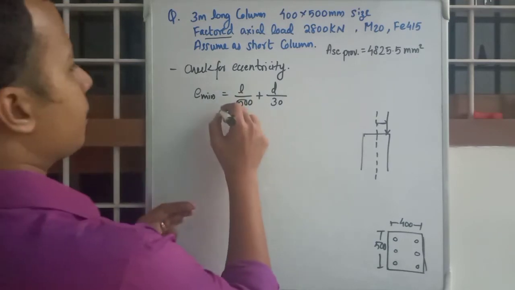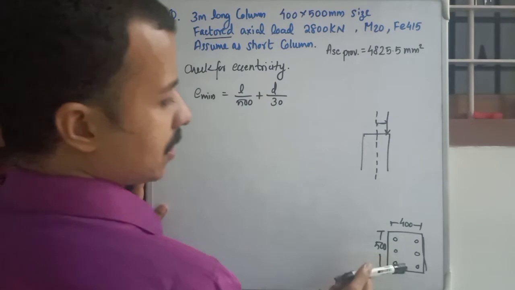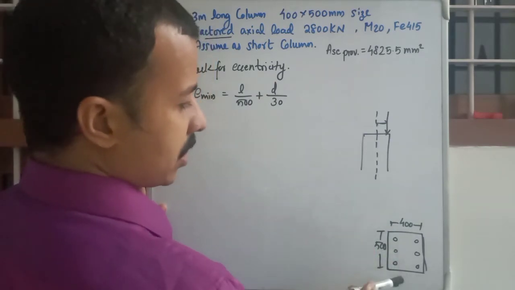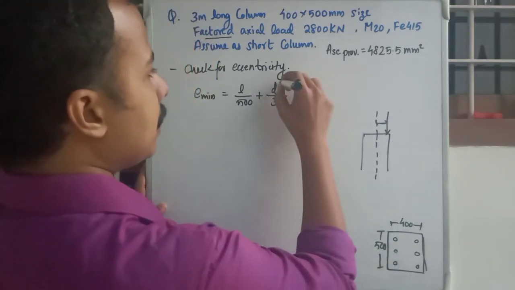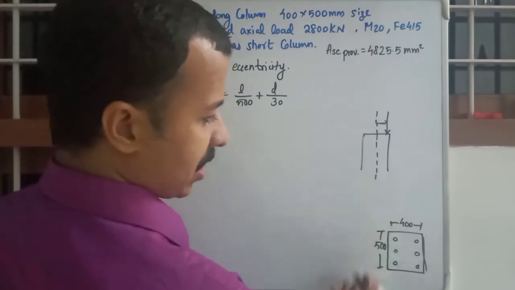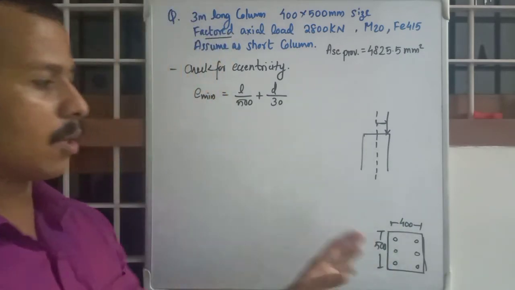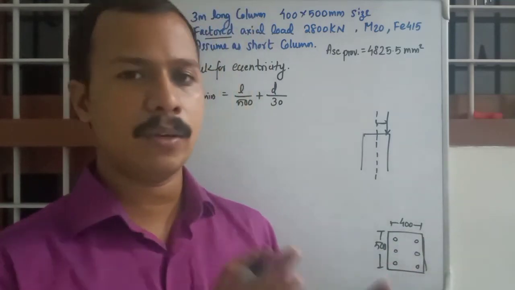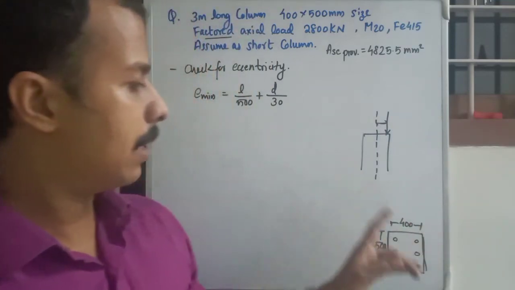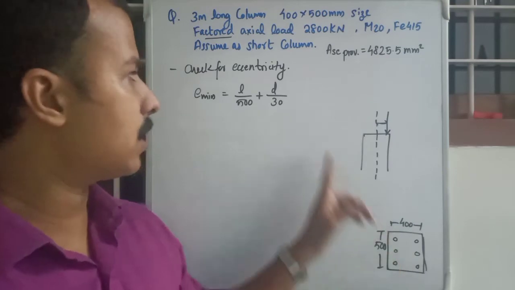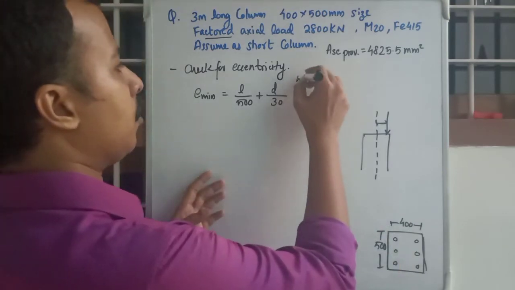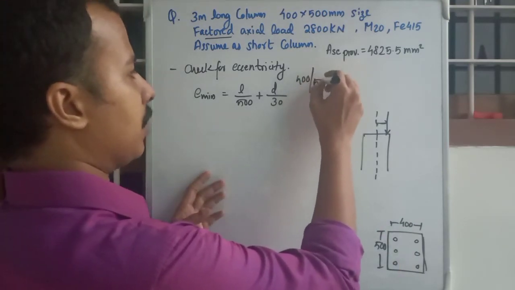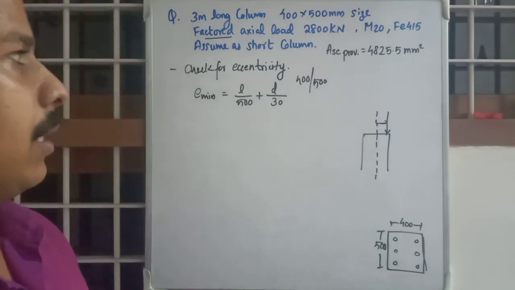As this is a rectangular cross section, you need to check for both directions. If the cross section was square or circular, we wouldn't need to do that, but in the case of rectangular we need to check for both 400 and 500.